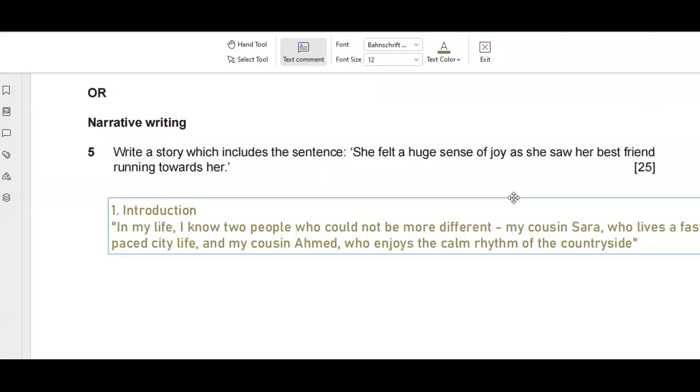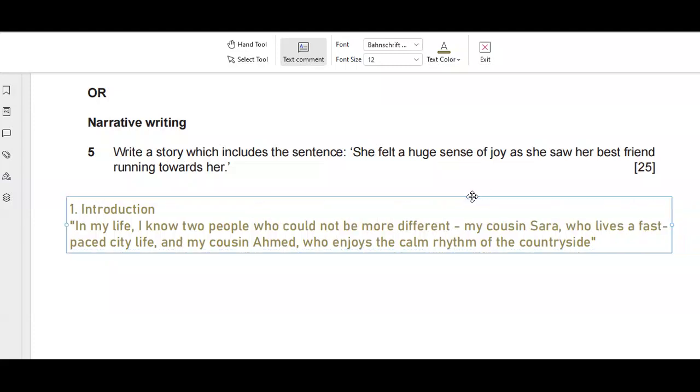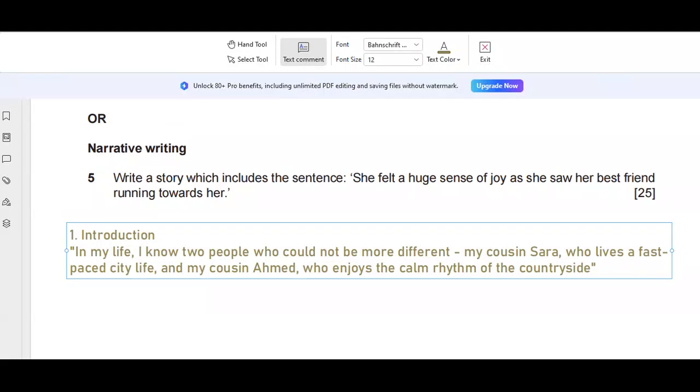So in this way, I can introduce both of my characters, the way I'm going to describe them, in a very concise way.